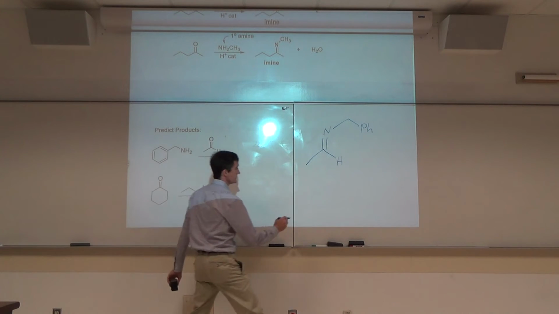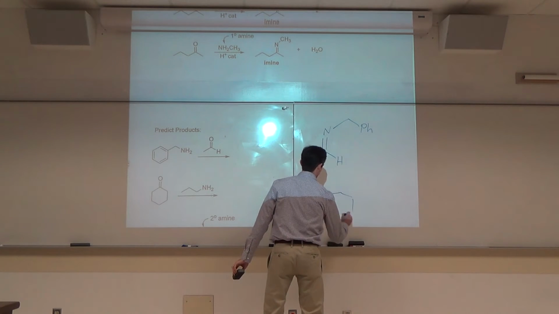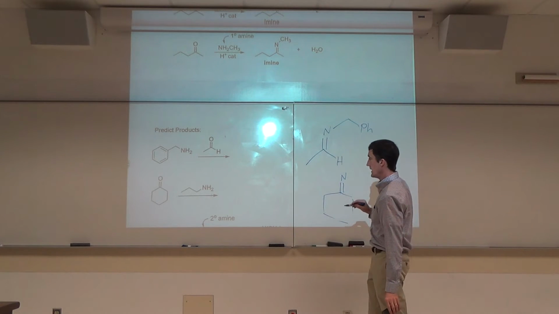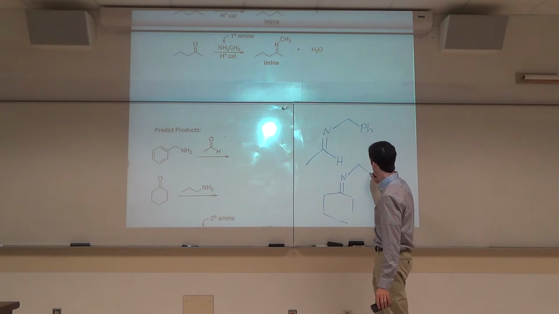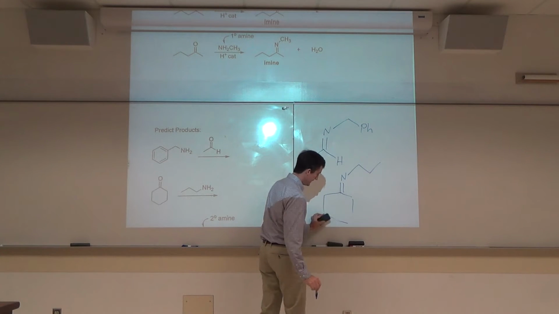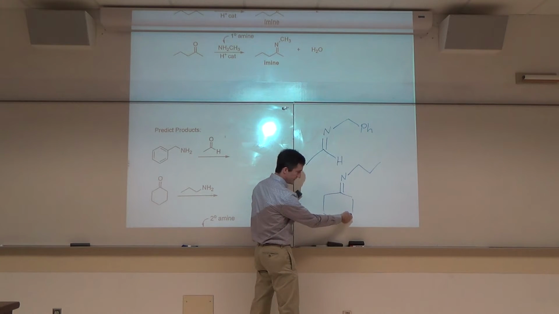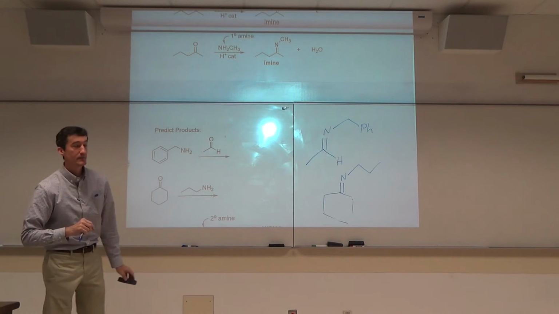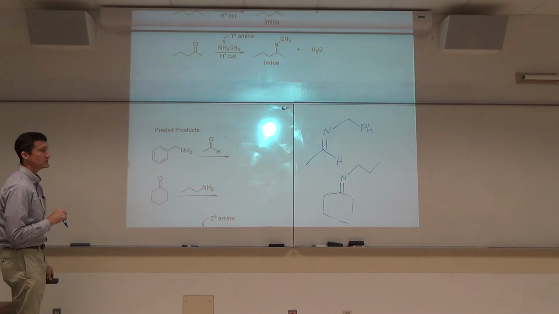Down here. And what's on the nitrogen? Propyl. Okay. Are those bonded together right there? Yeah. Okay. Yeah, that's a 6-member group.